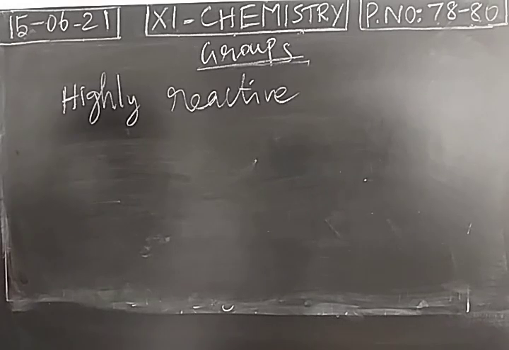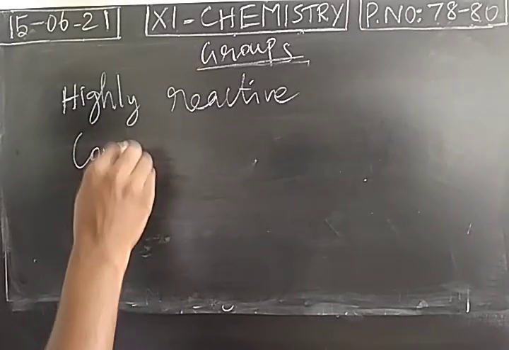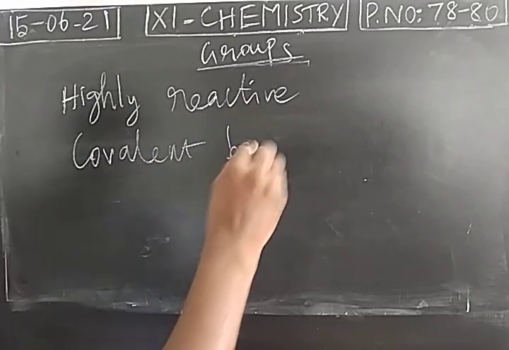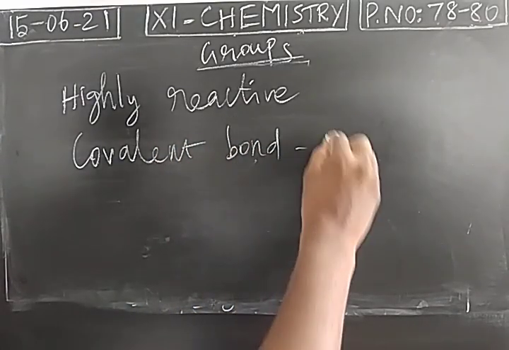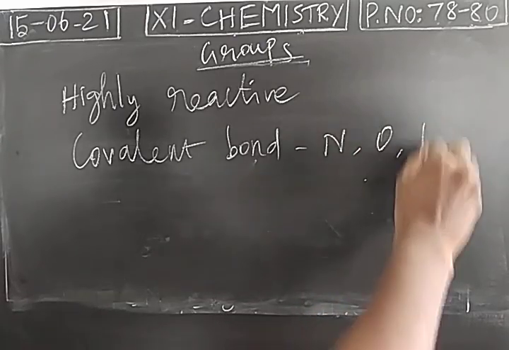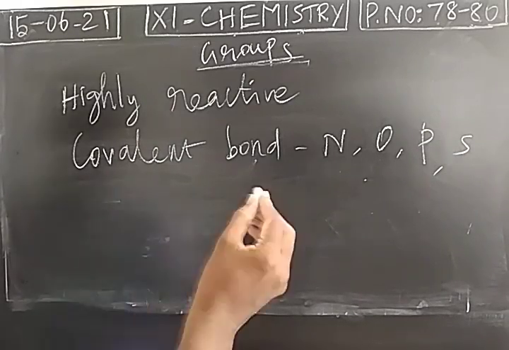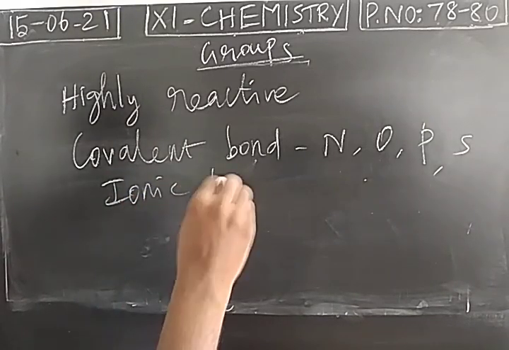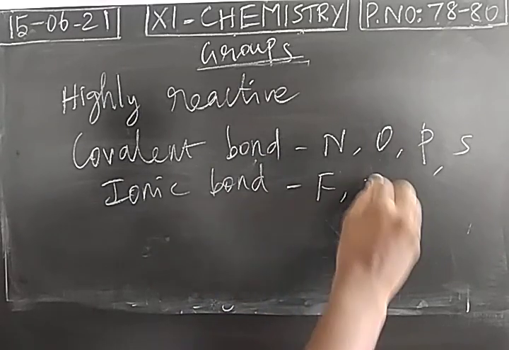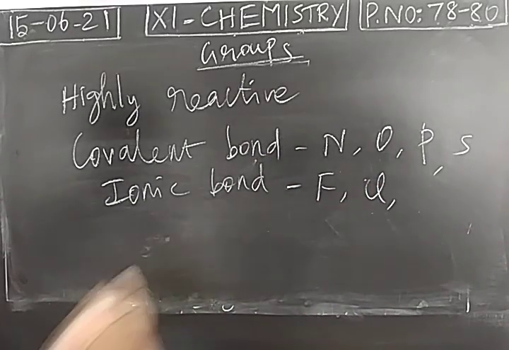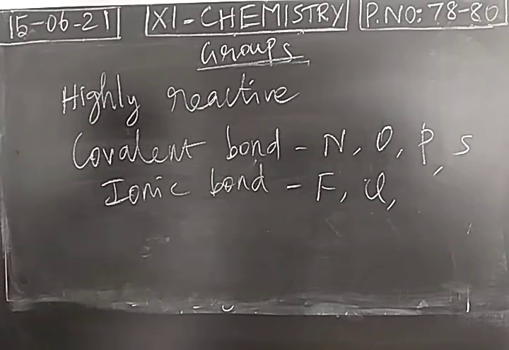So left to right, when we move, electron accepting or electron gaining tendency will be more. So they form covalent bonds as well as ionic bonds. When you take elements like nitrogen, oxygen, phosphorus, sulfur, these elements will form covalent bonds. And when you take elements like fluorine, chlorine, bromine, these halogens will form ionic bonds also. So left to right, electron gaining tendency increases. It forms both ionic bonds as well as covalent bonds.